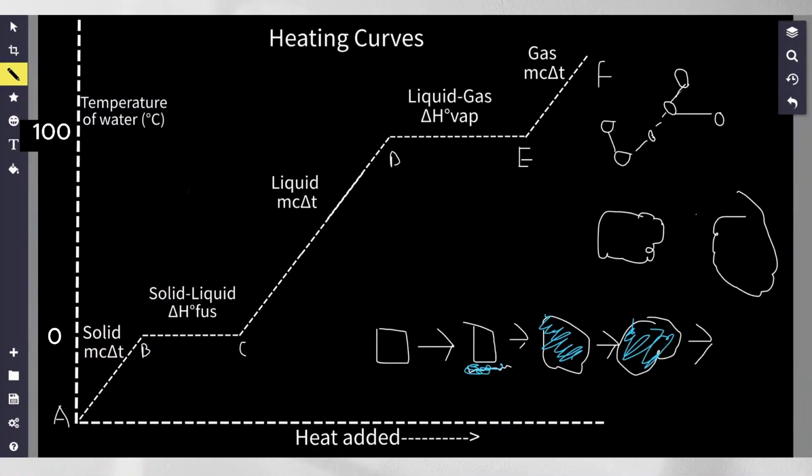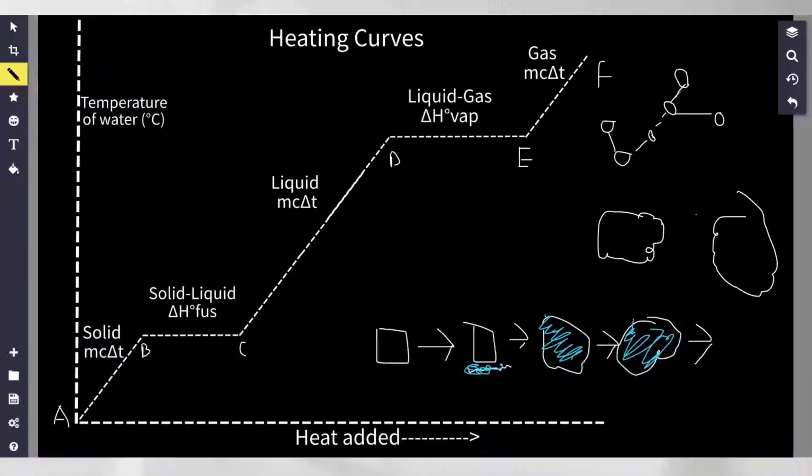So just to recap, for the non-phase changes, like segment AB, segment CD, segment EF, you're going to use Q equals mcΔT for those problems. And for segment BC and DE, the phase changes, you're not going to use Q equals mcΔT.